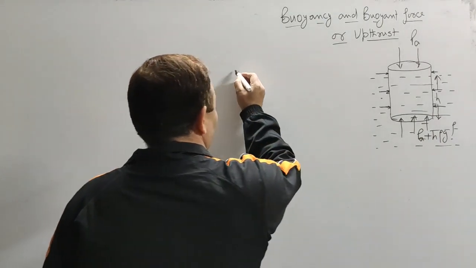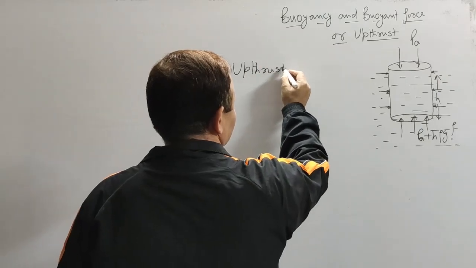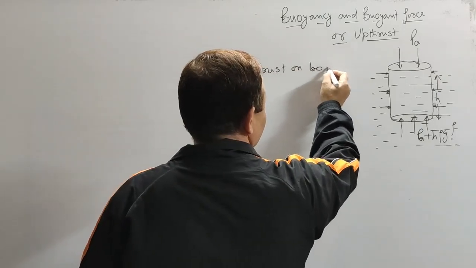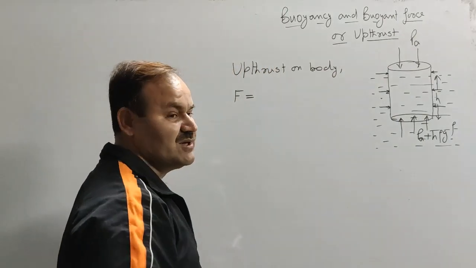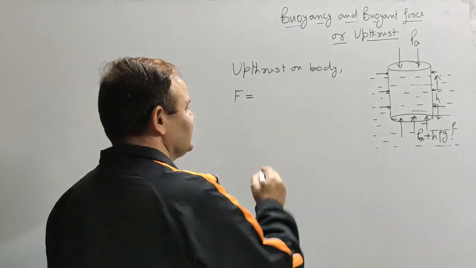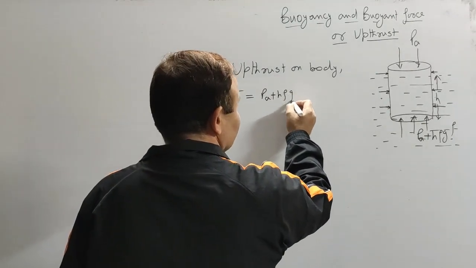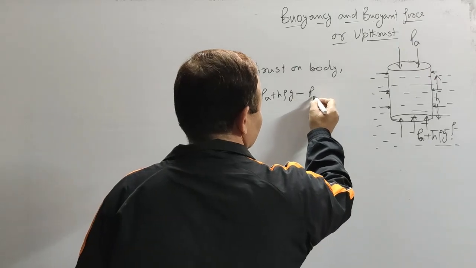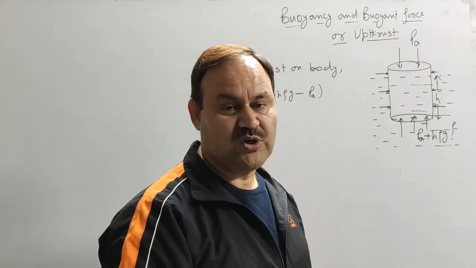It means the upthrust on the body, F, is equal to the pressure difference, PA plus H rho G minus PA, into the area of cross section of the body.